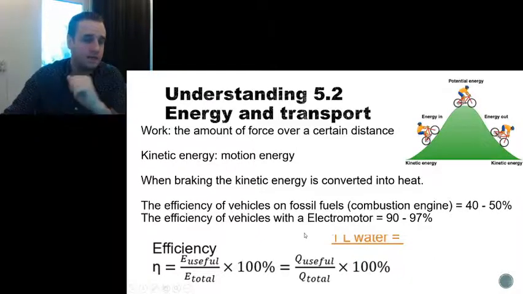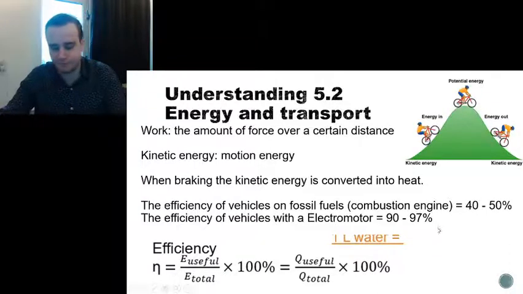On the other hand, an electromotor, for instance, has a much higher efficiency. Whenever you use a battery, an electromotor, almost 90 to 97% of all the energy that is released goes towards moving your car. So you could say that the electromotor is way more efficient.